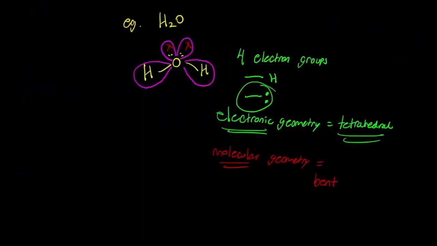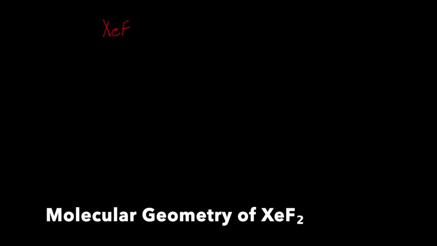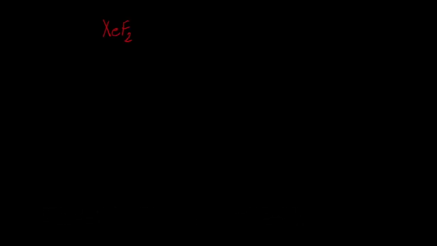All right. So let's do another one. Okay. Now, some of these molecules can be pretty weird looking. There's 2 different possibilities oftentimes for how you can do things. But let's do XeF2. Okay, XeF2.